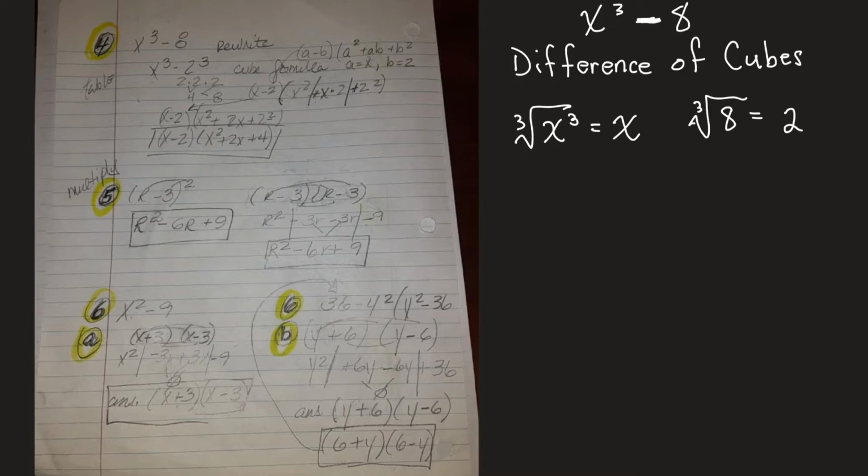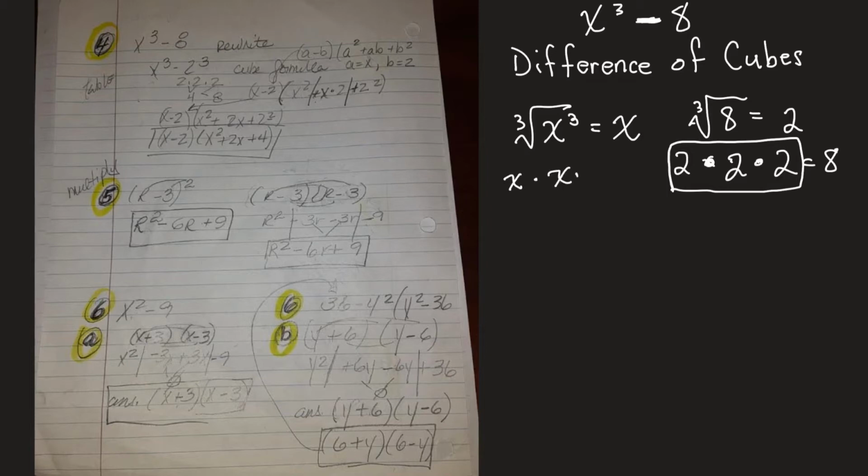So that equals 2, because 2 times 2 times 2 is 8. Anytime you have 3 identical factors, that's a perfect cube, just like x times x times x equals x to the third.